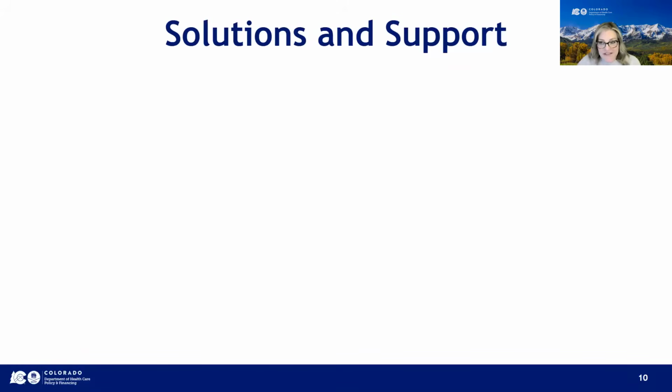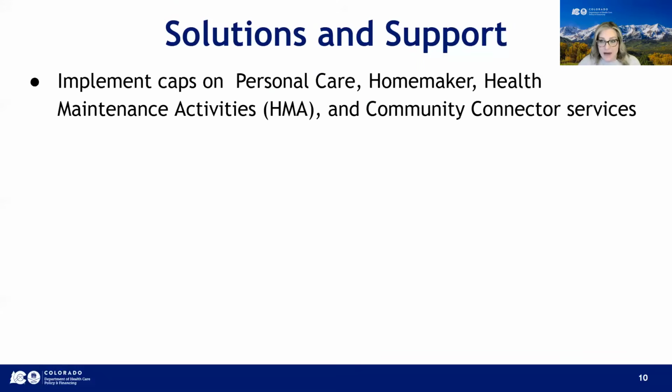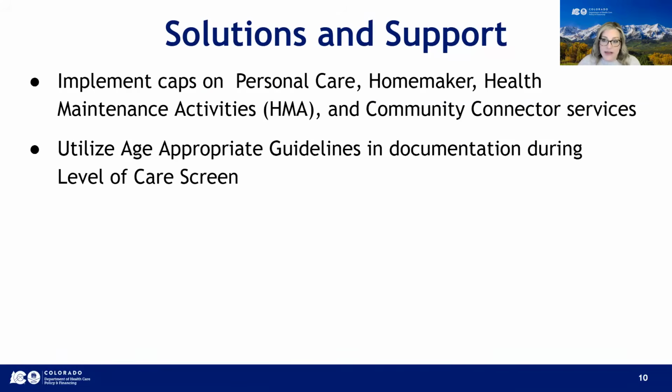Because of these cost drivers, HCPF is implementing several components for solutions and support. HCPF is implementing caps on personal care, homemaker, health maintenance activities, and community connector services. Case managers will be utilizing age-appropriate guidelines and documentation during their level of care screen.